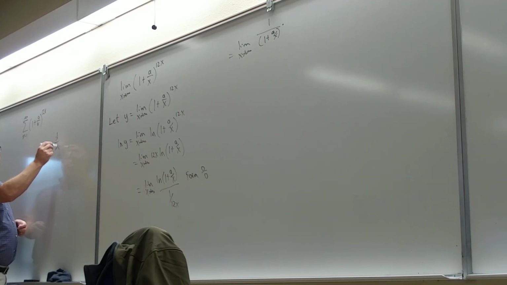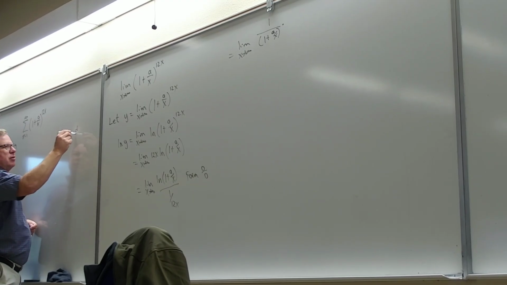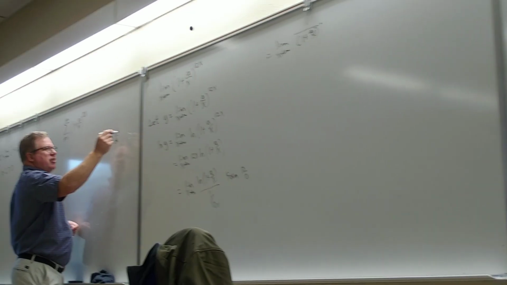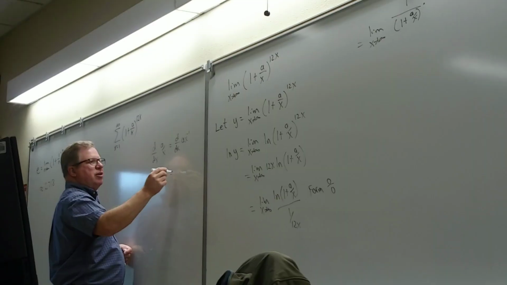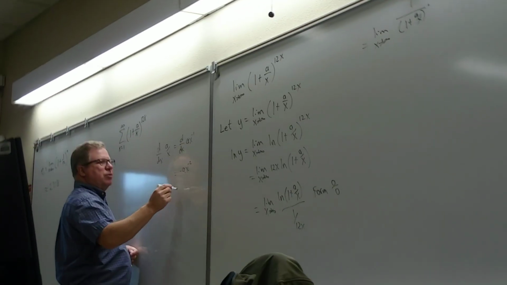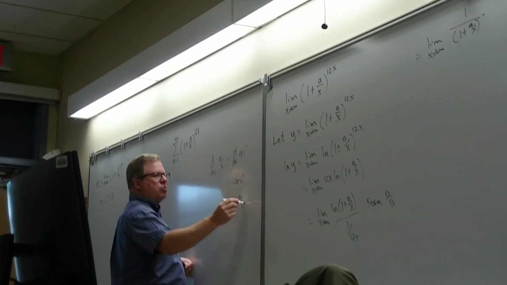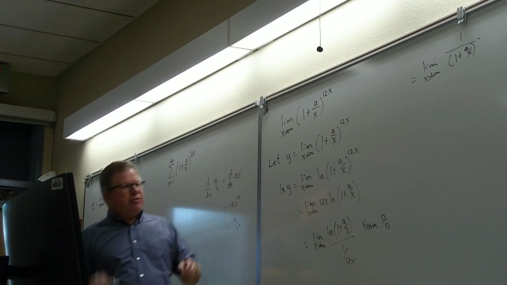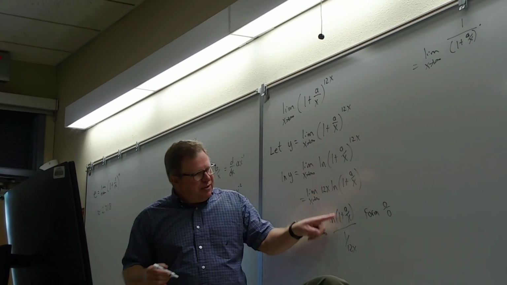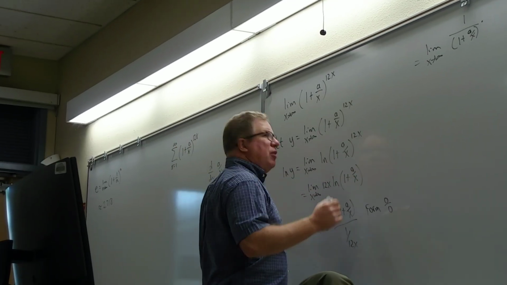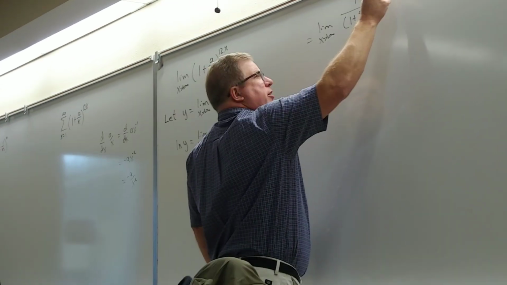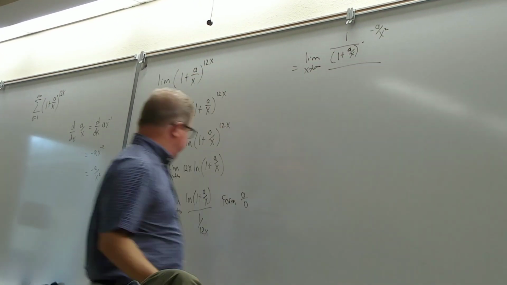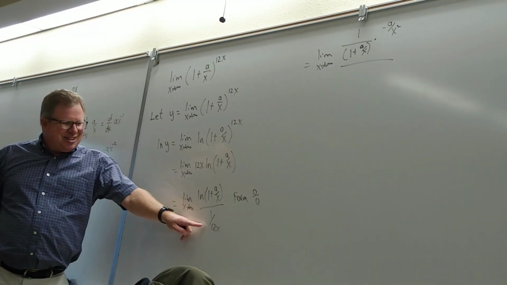The derivative of a over x, well, that's like a x to the negative 1. Bring the negative 1 down, and you've got negative a x to the negative 2, which is negative a over x squared. So the derivative of the inside, by the chain rule, is negative a over x squared, so times negative a over x squared.